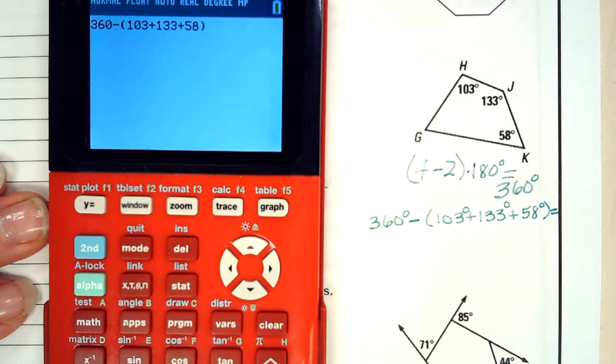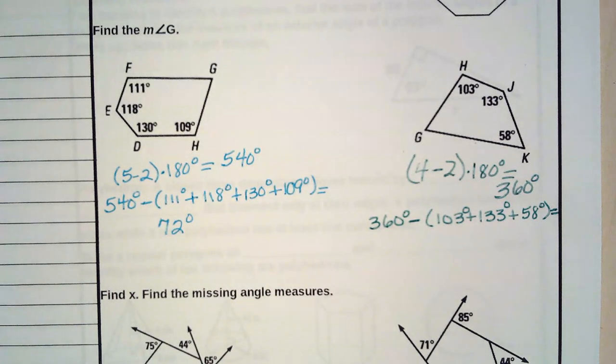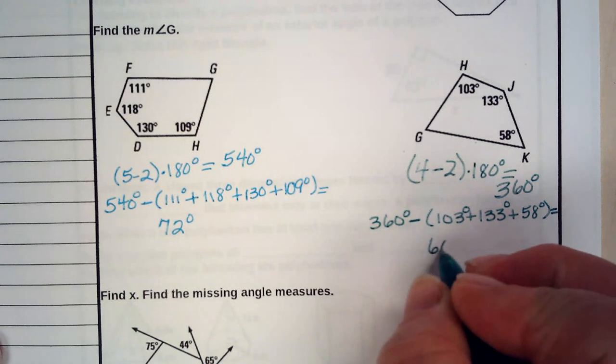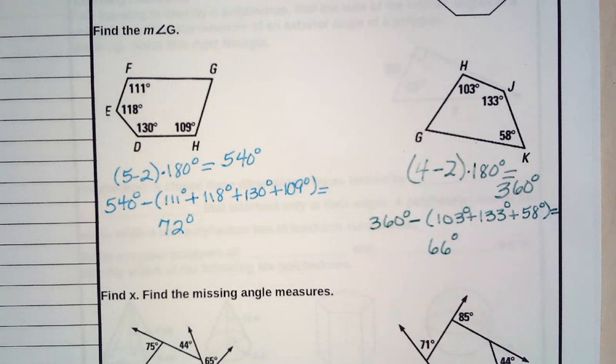Putting it all together, 66 degrees. Okay, so if you're looking for a missing interior angle, you have to find the sum of all of the interior angles and then subtract what you know.